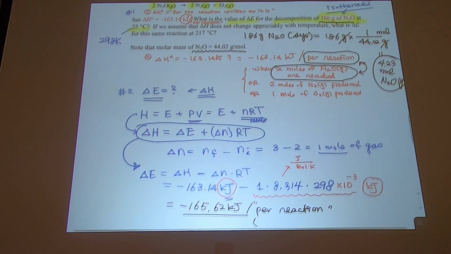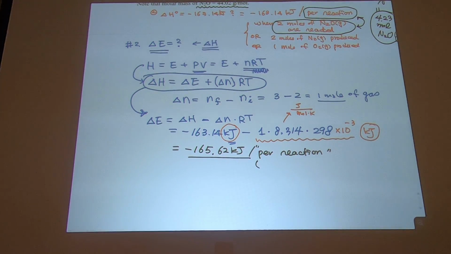So then what do I do? This is a delta E for 186 grams of N2O. I just want to make sure that we are dealing with a specific amount, and this is per reaction.